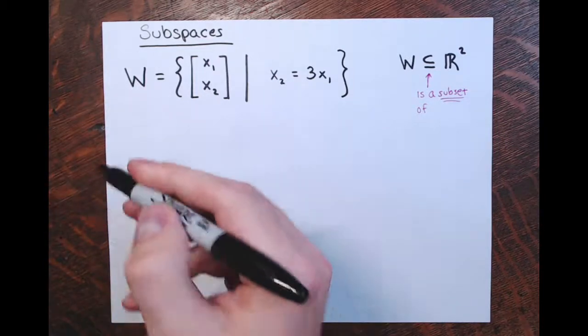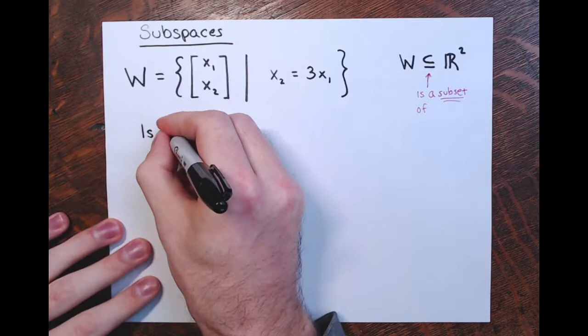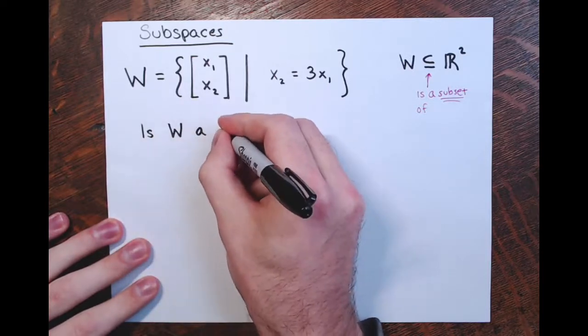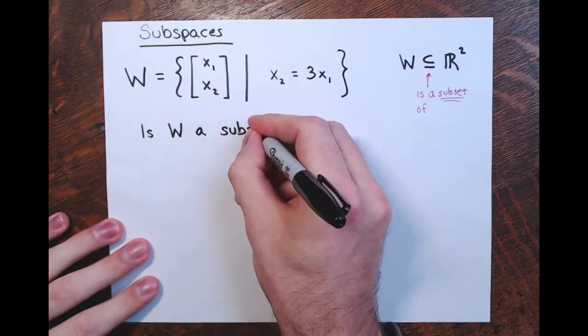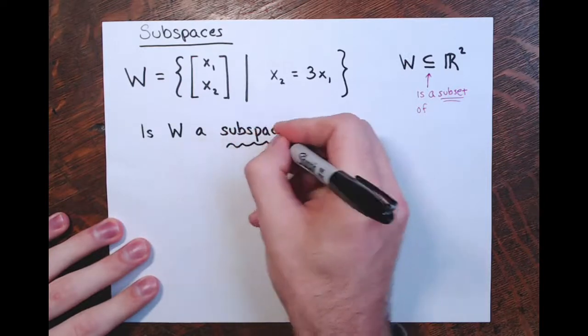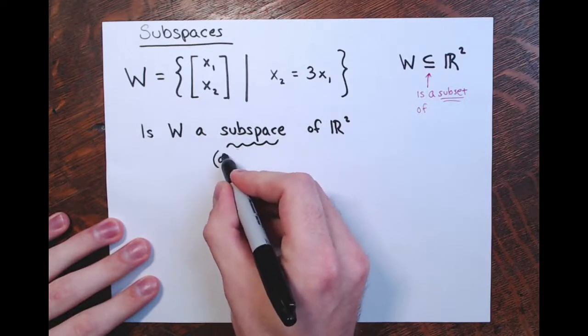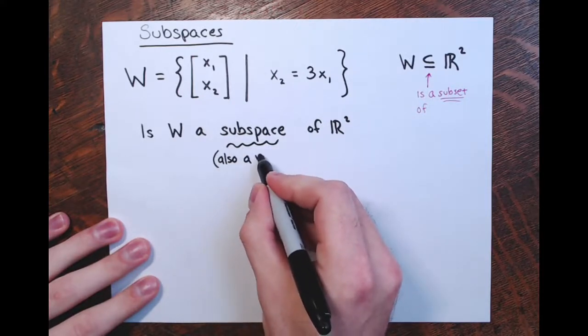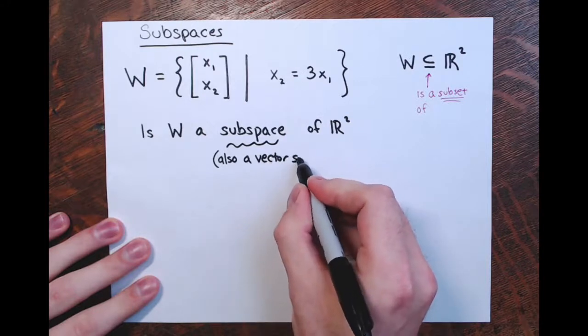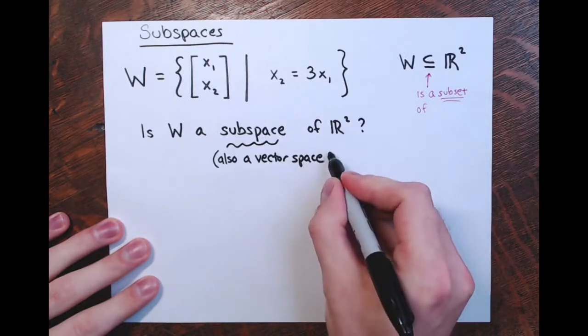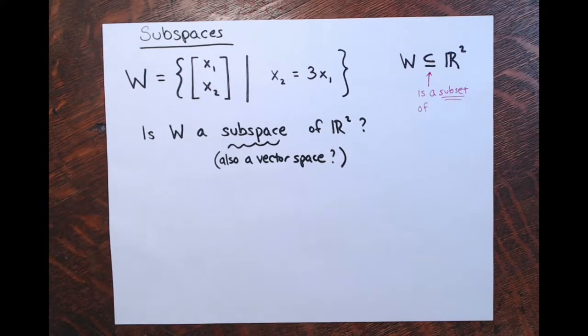Now the question is, is W a subspace of R2? Or is W also a vector space? Would it satisfy all 10 of those properties? Now you could go through and check them all for vectors in this set W. But like I said, there's no need to do that.